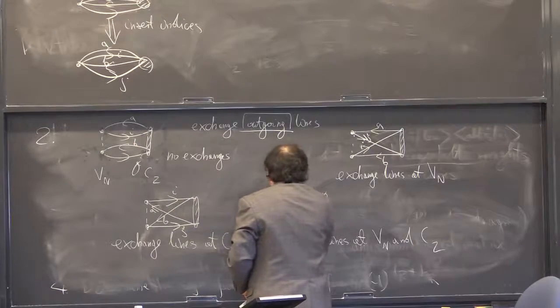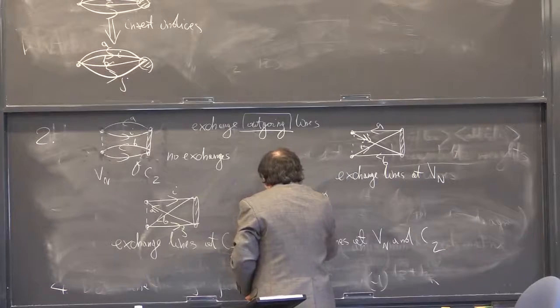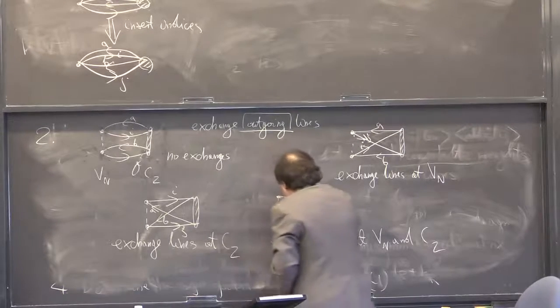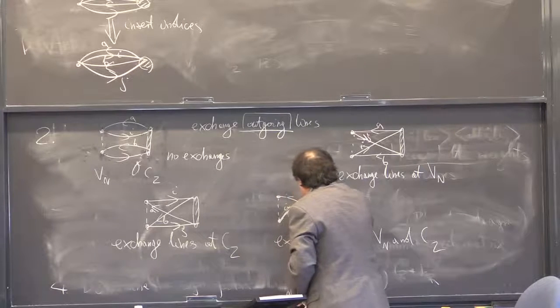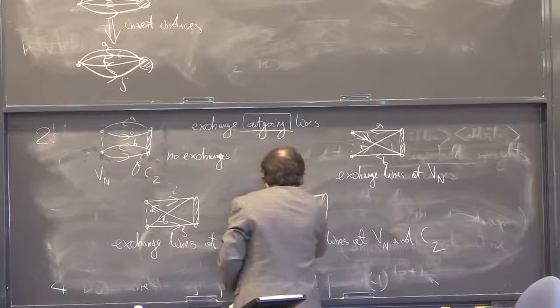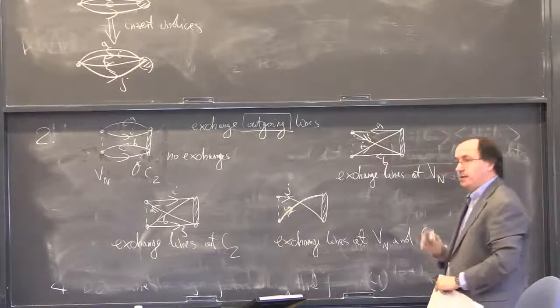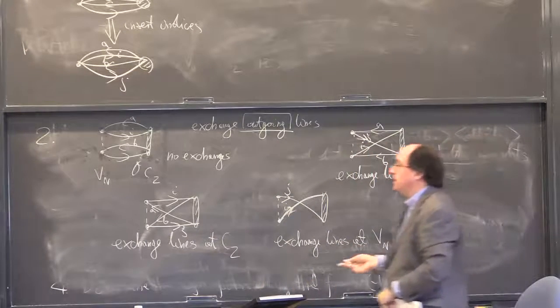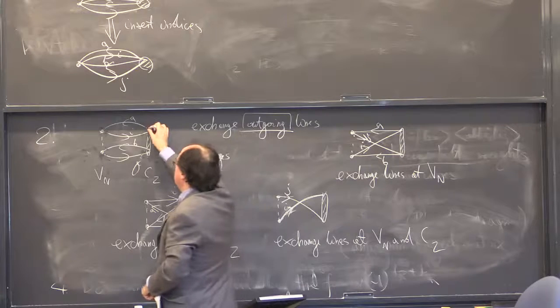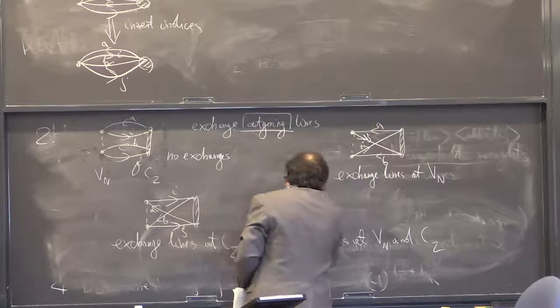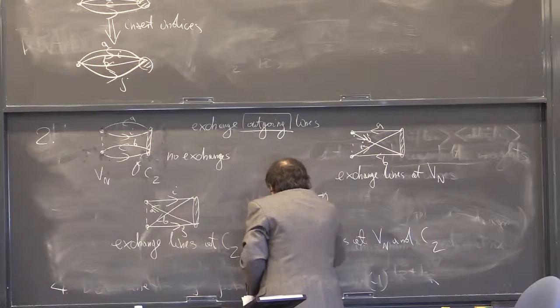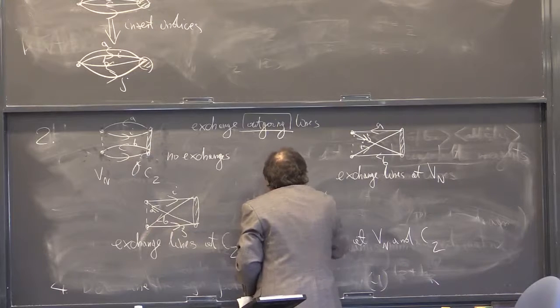Maybe this one. Sorry. So I is a line that goes from the bottom now up, and then J is here. But I'm not done, because I also have to exchange lines at C2. So now you take A and move it down. This I is overlapping, so let me make sure we see.